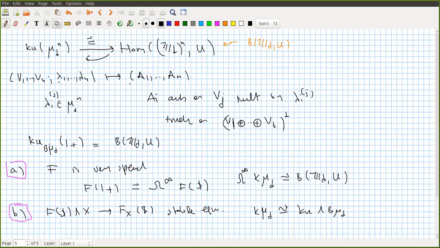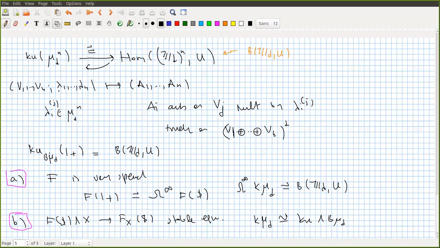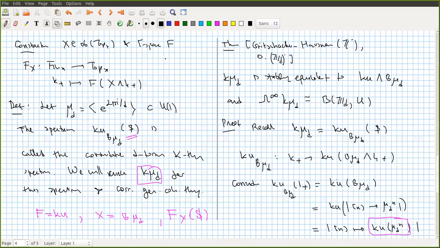So this is the idea. Essentially, this observation relates the spectrum constructed from the Gamma space with the classifying space BZ/μ_D.